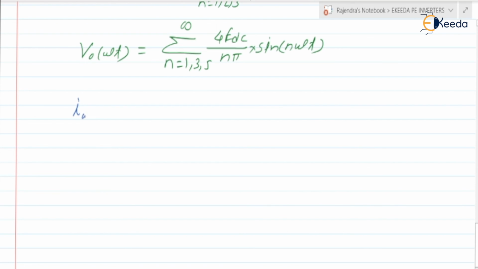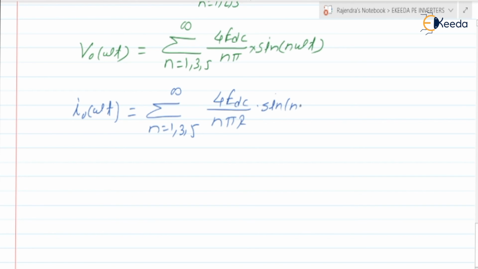We can write i0 of omega t as summation over n equal to 1, 3, 5, 7 up to infinity. As the load is purely resistive, i0 of omega t should be in phase with v0 of omega t. That is 4 Edc divided by n pi R into sin of n omega t.